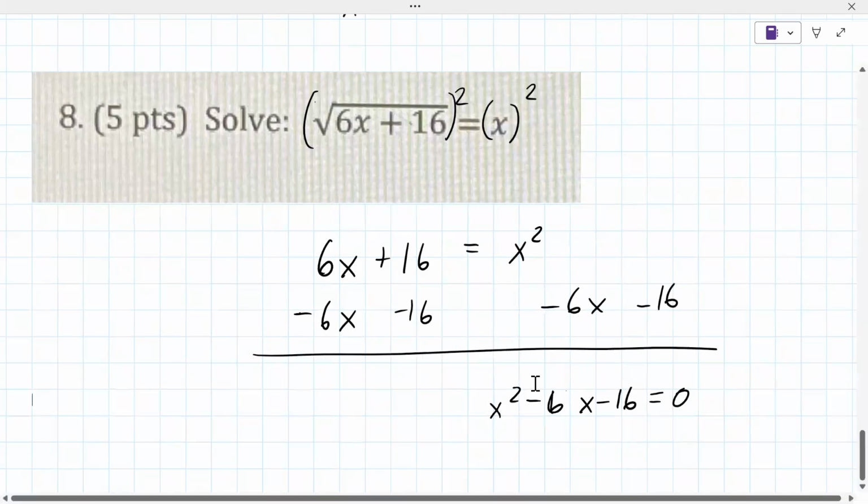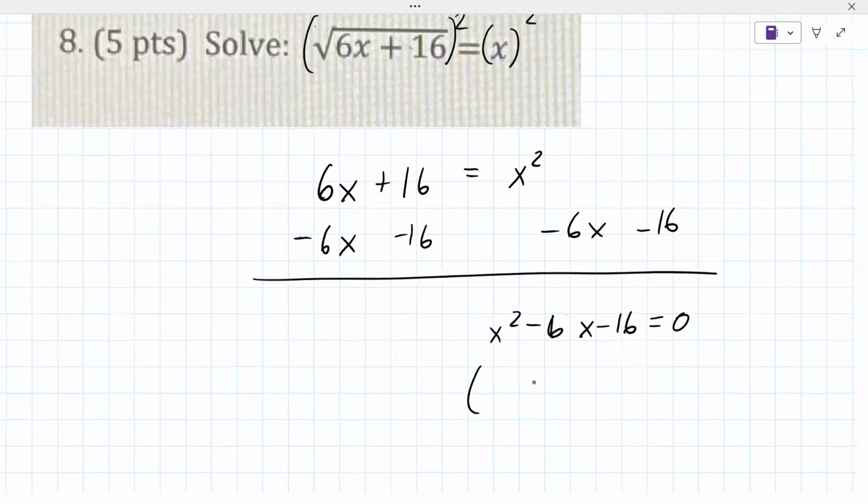Is that okay? Yeah. All right, now you're going to factor here. You're trying to find two numbers that multiply to -16, but add to -6. Can you think of those numbers?